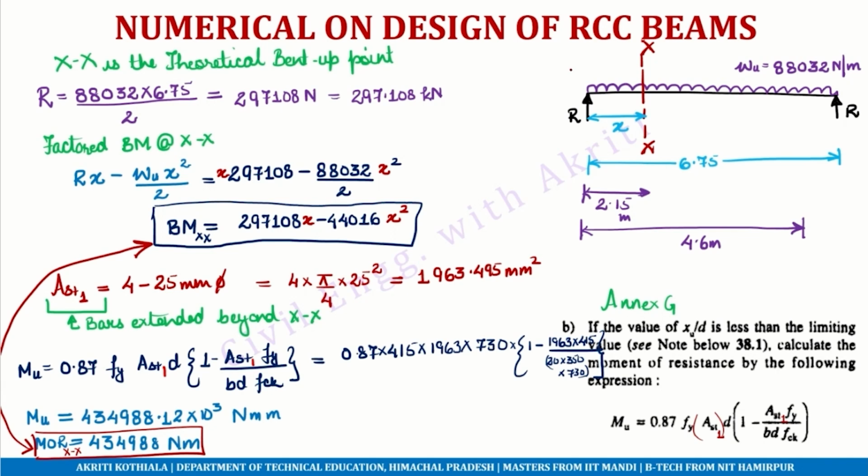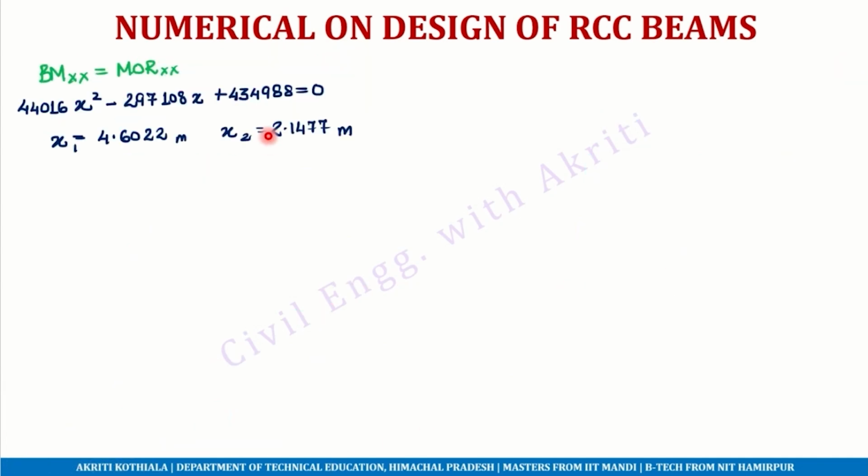So we will be bending up the bars at both the ends, one from the left end and one from the right end. That's why we have these two values of 2.15 and 4.6. For our numerical purpose, we will be considering the value of 2.1477, which can be rounded up to 2.15 for simplicity. So this is the value from the center of the support.